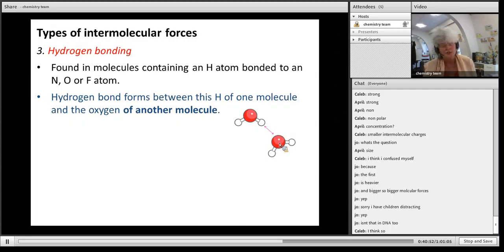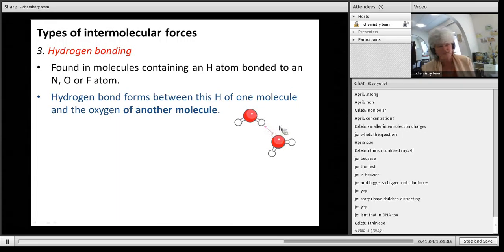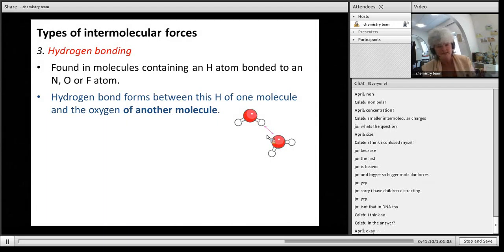If you're trying to frantically write a whole lot of things, it's just so much easier. Sketch out your two water molecules or your HF molecules or whatever you've been given, and then draw a line like this between them and label this hydrogen bond. Then the teacher knows exactly, yes, in your answer. So sketch it out so it's part of your answer, and then label this hydrogen bond.